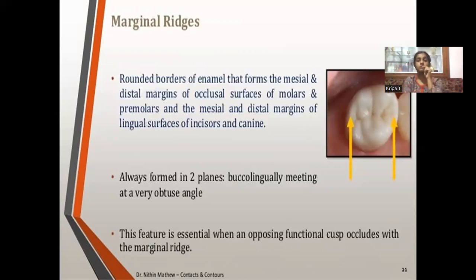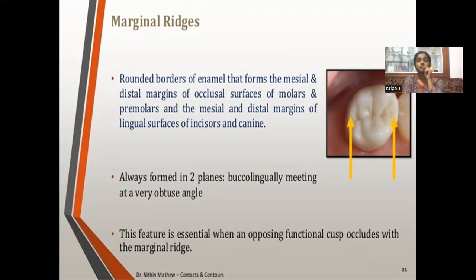Next is about marginal ridges. They are the rounded borders of enamel which form the mesial and distal margin of the occlusal surface of molars and premolars, and the mesial and distal margin of the lingual surface of incisors and canines. They are always formed in two planes, buccolingually meeting at a very obtuse angle.